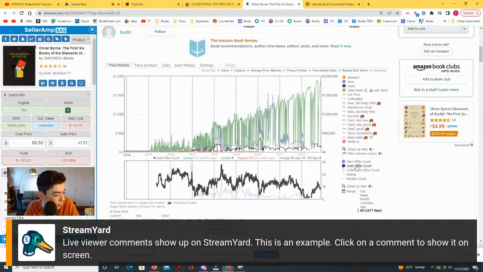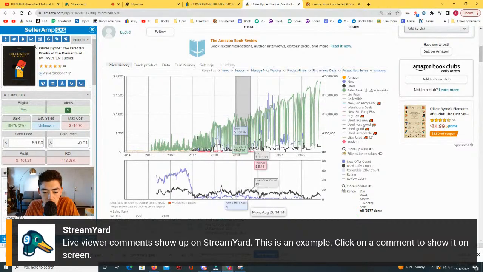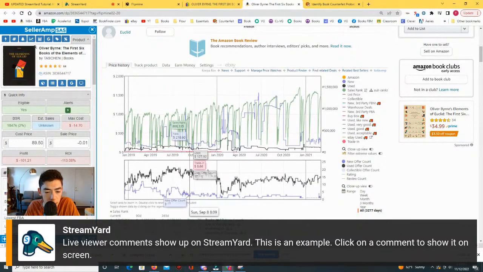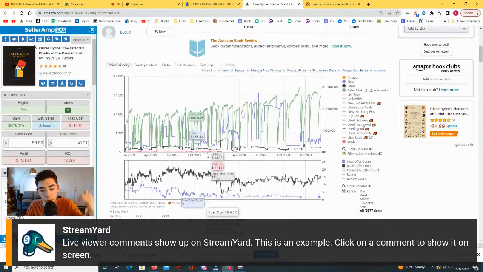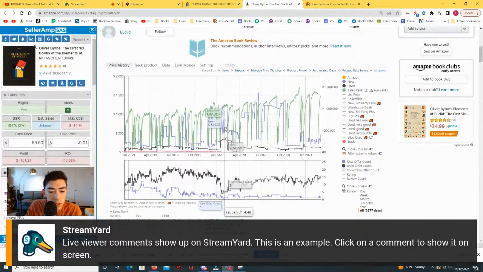One thing that I love to do when I'm analyzing deals is look back into history and see what the book was selling for when the used offer count was higher, or when it was what it's at right now. Because that gives you an indication of whether there has ever been a time in the past where this book really tanked. Is this a book that if I buy it today will be a good buy or not? That's one way to know that.